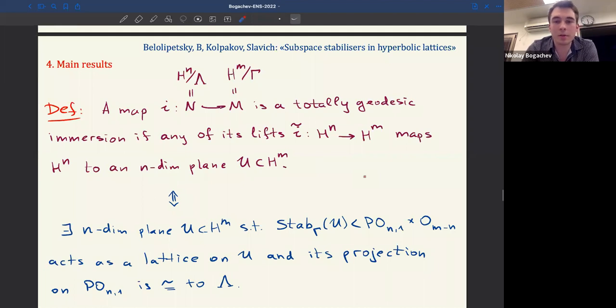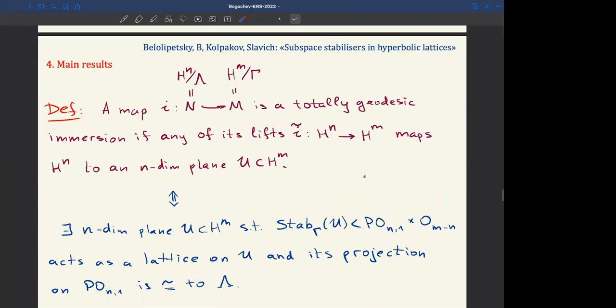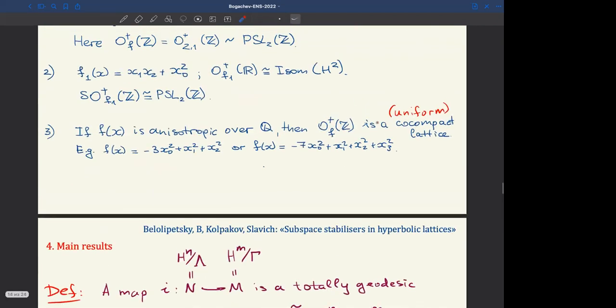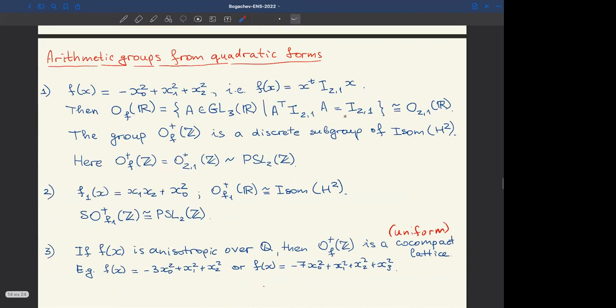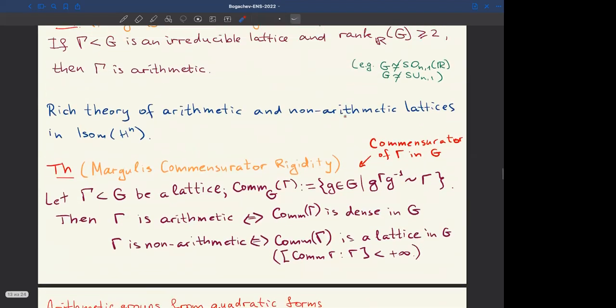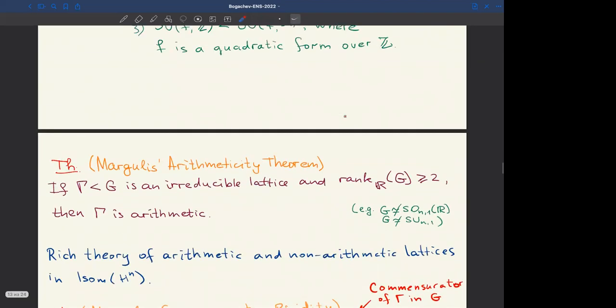So, but let me now, well, maybe at this point, should I ask if there are some questions? I'm ready to answer. Yeah, if you go back a few slides, there was this question about, I'm trying to remember, you gave a notion of commensurator, and then I forget the word you used for when you're actually commensurated by some conjugator.